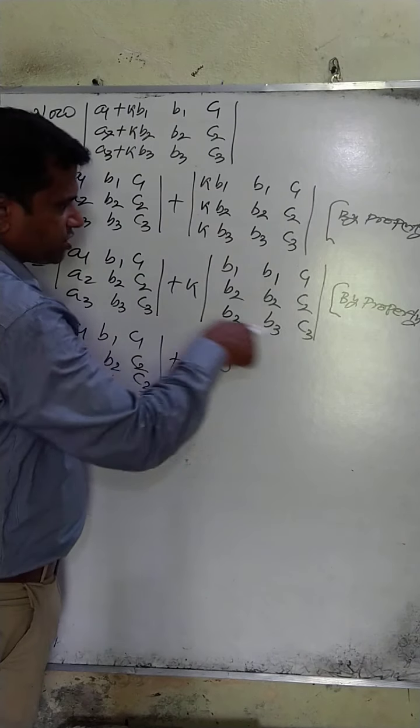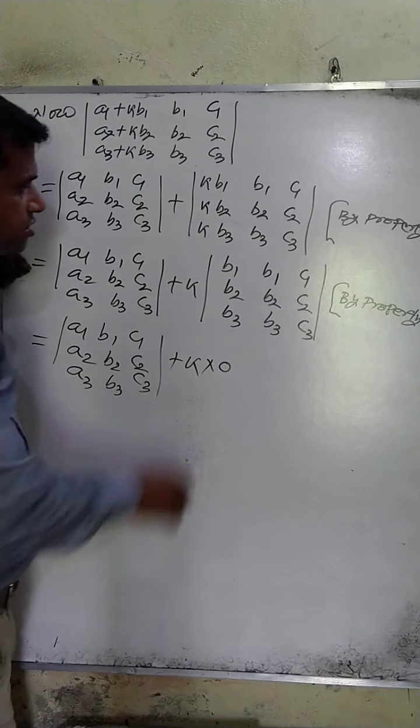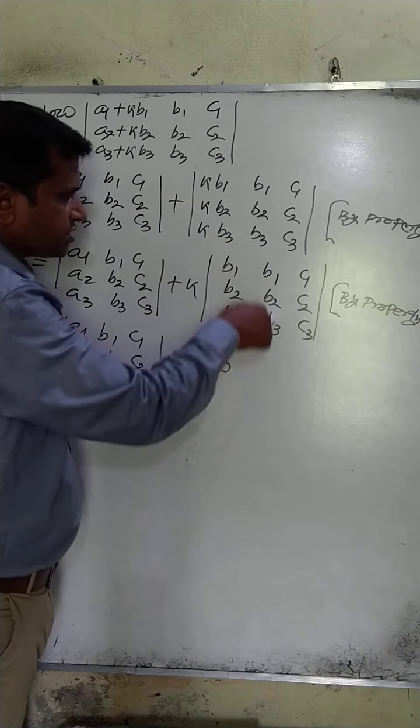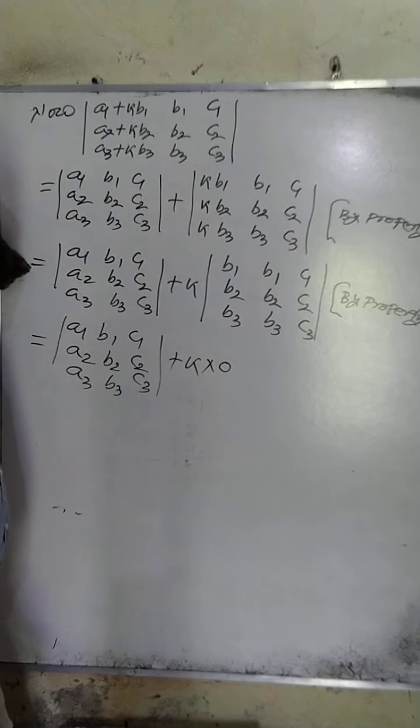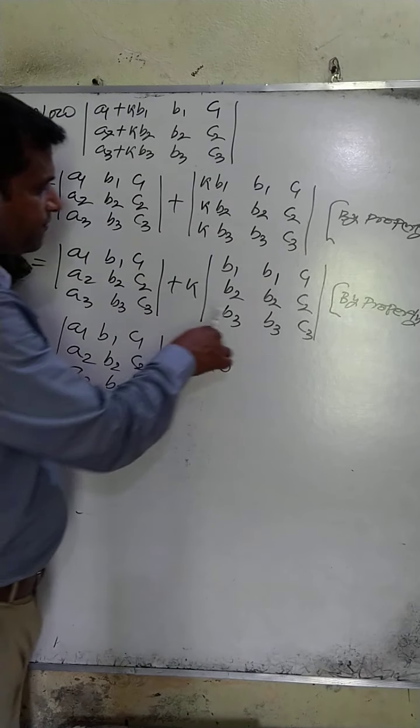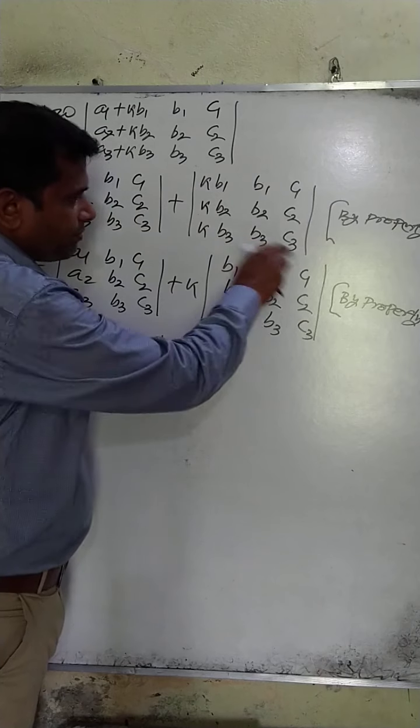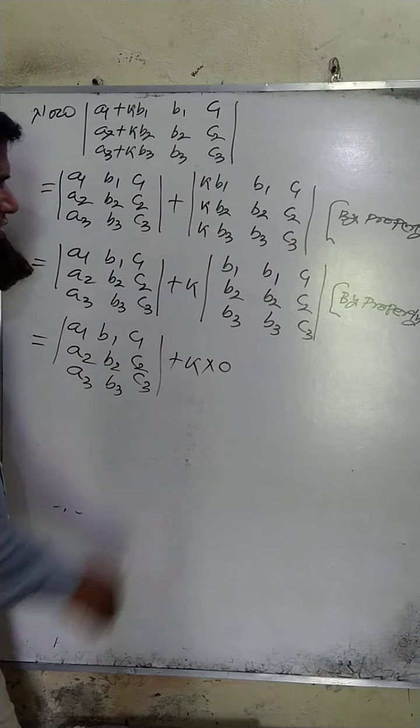The value of this determinant is 0 because the first column and second column elements are identical. By property 3, the value of this determinant is 0.